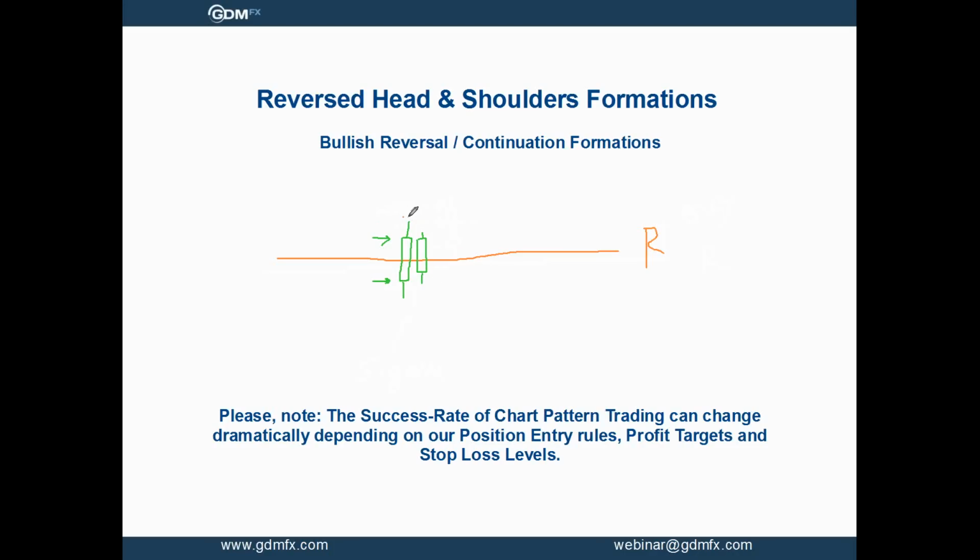We want to see it go 5 pips at least, or maybe even 10 pips, depending on our risk preference, higher than the signal candle's highest point. In this case, we have a fake out. We do not see a confirmation.